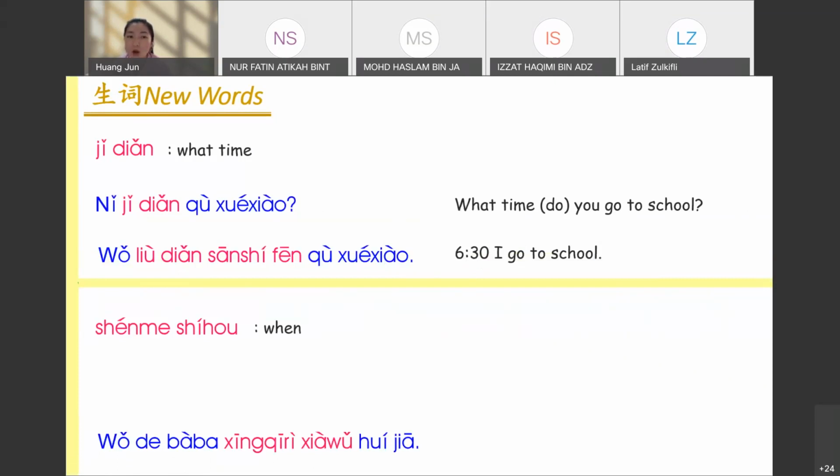Then 我的爸爸星期日下午回家。我的爸爸 means my father. 星期日下午, what's the meaning? Did you remember 星期日? Quite confusing, right?